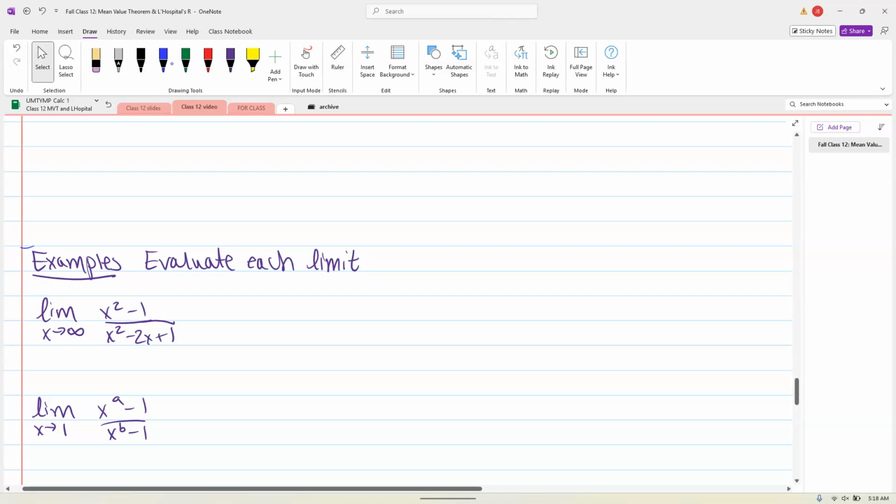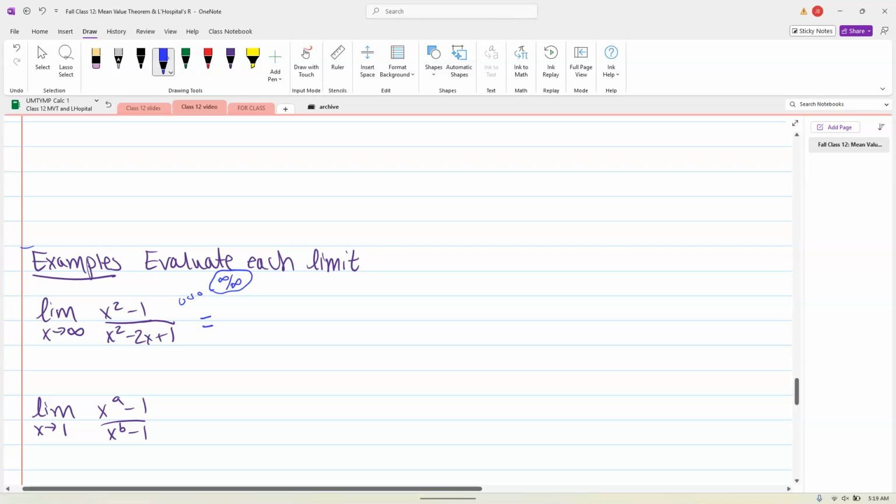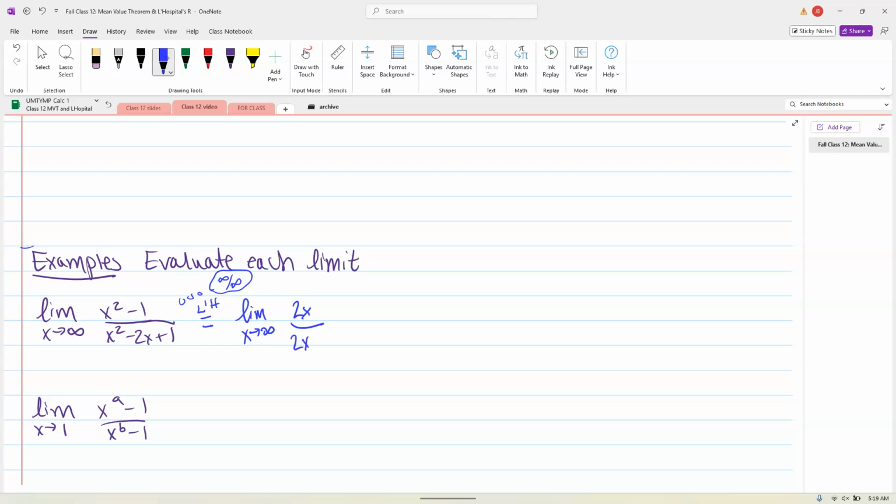So the first one we actually saw. Okay, if I look at this, we know the answer is 1, by horizontal asymptotes, but we could also recognize that this is infinity over infinity, right? Because the numerator would go to infinity, the denominator would go to infinity, so I'm saying that this is an indeterminate form. So then I can say, okay, by L'Hopital's rule, this is going to be equal to the limit as x goes to infinity of, now differentiate the numerator, differentiate the denominator, okay?